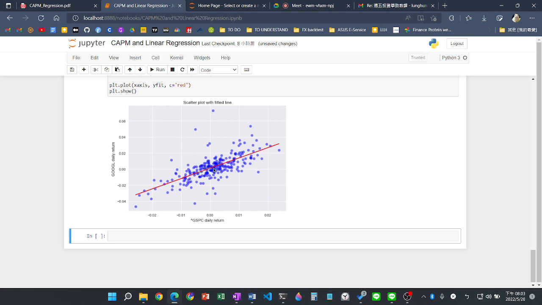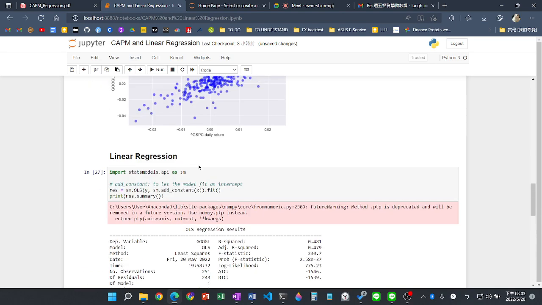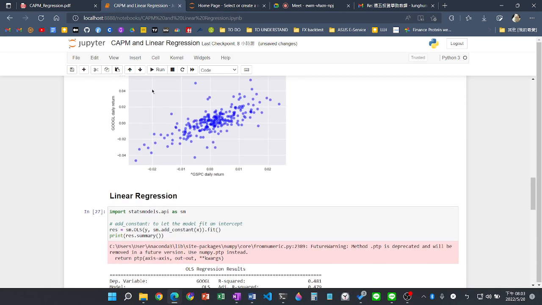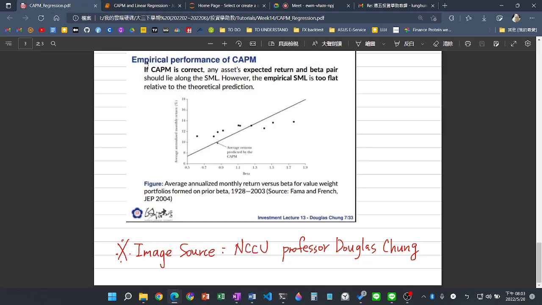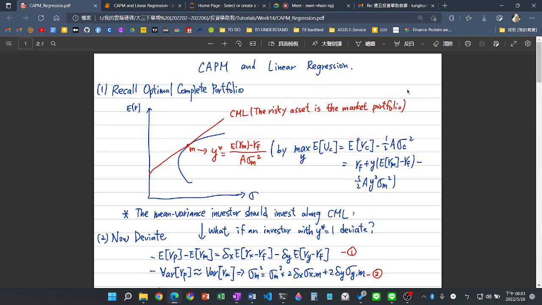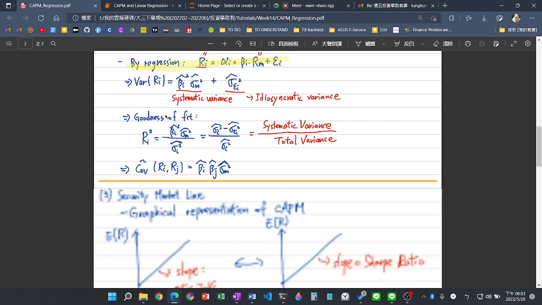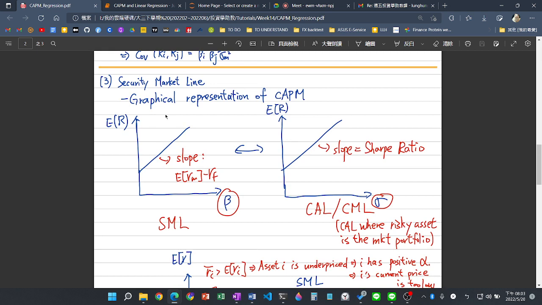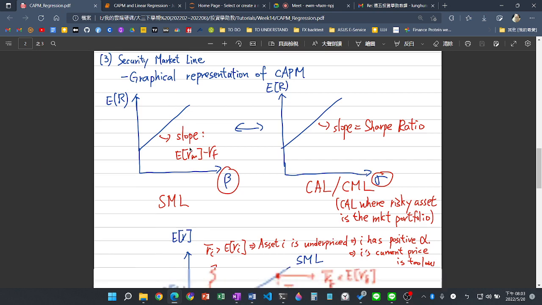Okay, so that is pretty much what I want to talk about today. We talked about the derivation, how to get the capital asset pricing model from what we learned last week, and then we introduced some graphical representations, and we made some comparison of the CAPM, the security market line and the capital allocation line.